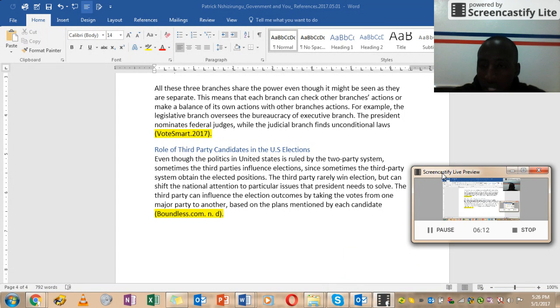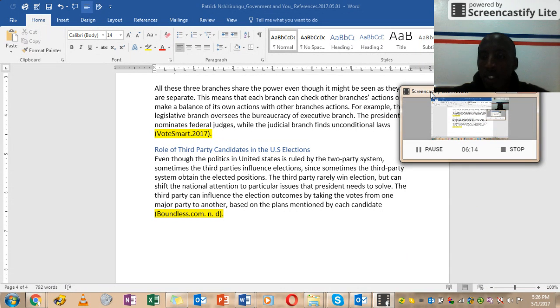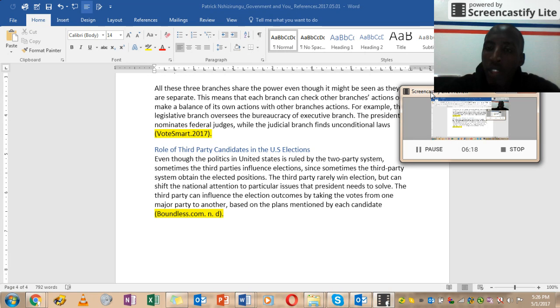This means if a candidate is trying to get votes from the population, the third party will consider the plans that the candidate is explaining to the population, and then point out their own points of view. Sometimes it might take some portion of votes from one candidate to another, hence leading to different outcomes of the elections.